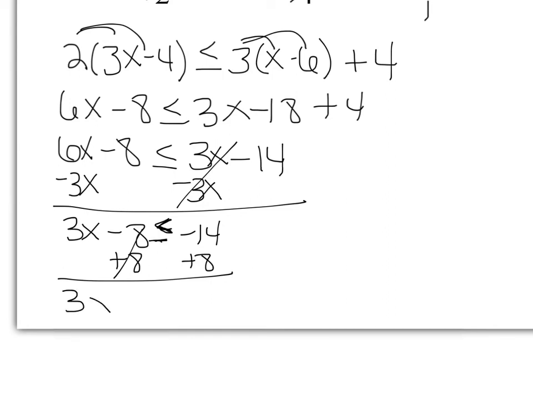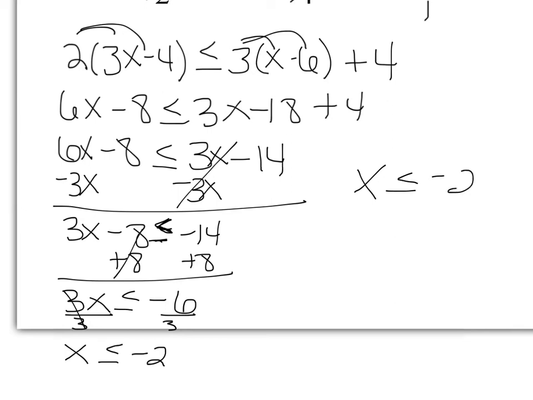So I've got 3x is less than or equal to negative 6. So then when I divide by 3, I get x is less than or equal to negative 2. So I have x is less than or equal to negative 2, which is negative 2, negative 1, negative 3.